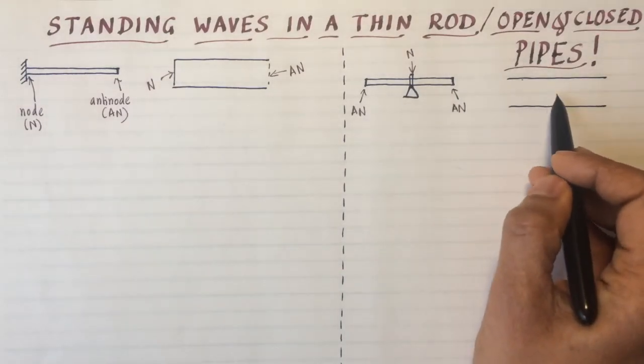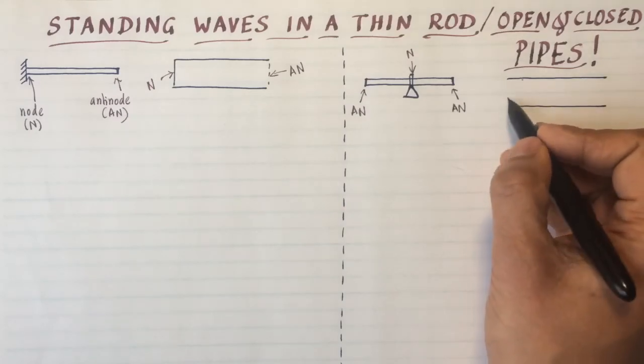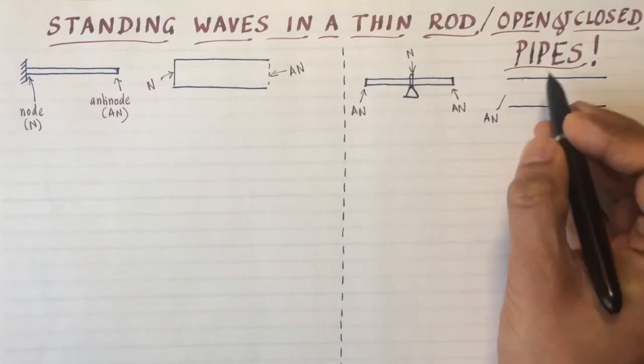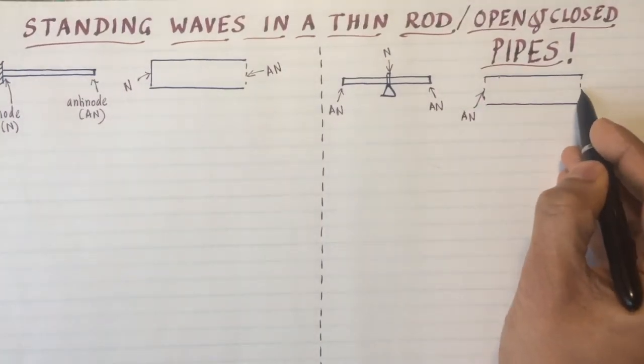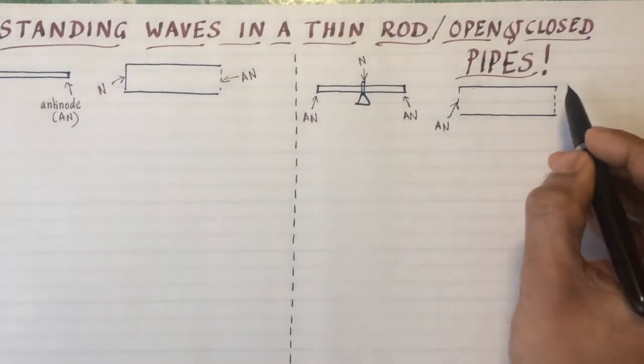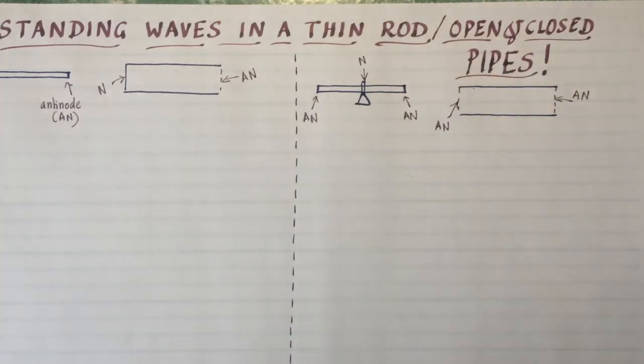Now this one does not have any restrictions on what it can be in the middle, but it has to be an antinode on either end. So let's see what patterns will result.